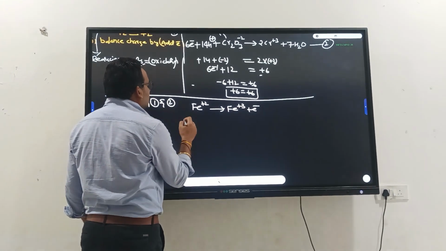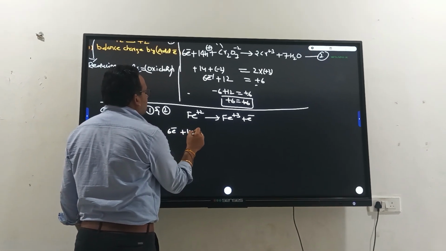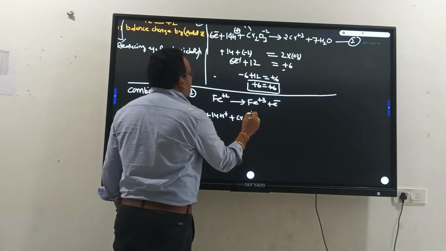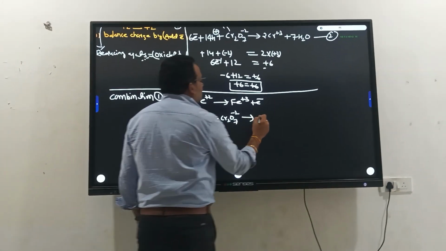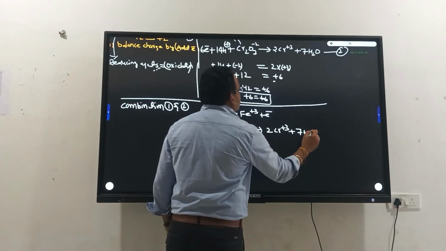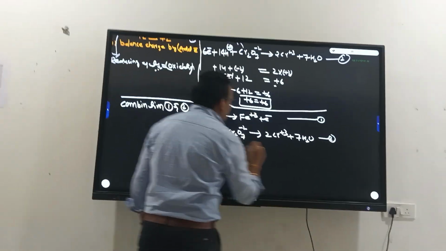What is the second reaction, children? 6 electrons and 14 H+ ions and Cr2O7 minus 2 gives rise to 2 Cr plus 3 and 7 H2O. This is equation number 1, and this is equation number 2.